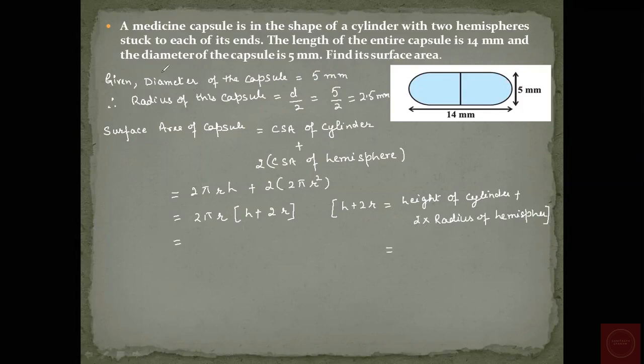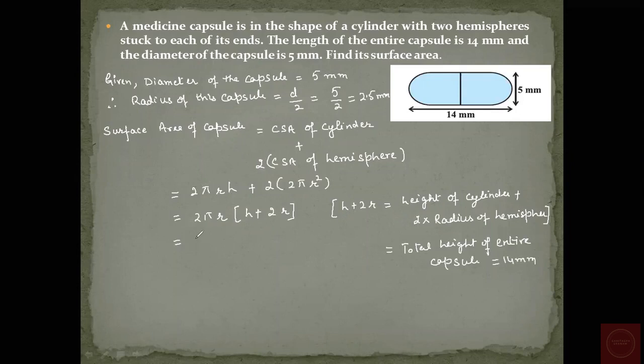As you can see here, this one is the height, and plus r. So h plus 2r provides you the total height of this capsule, that is the length of the entire capsule, and that is given as 14 millimeter.